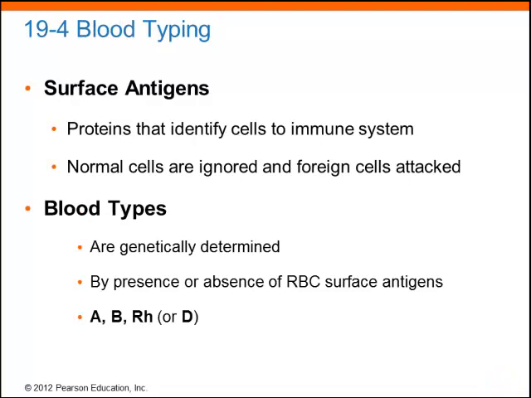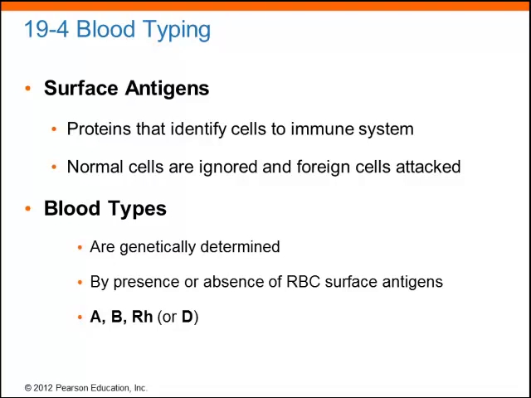Okay, we're going to get into a very short discussion of blood typing. This can get confusing, so it's important to pay attention to where the different parts of the blood typing system are. The blood type of a person is determined by antigens on the surface of cells. These antigens are not found only on red blood cells.